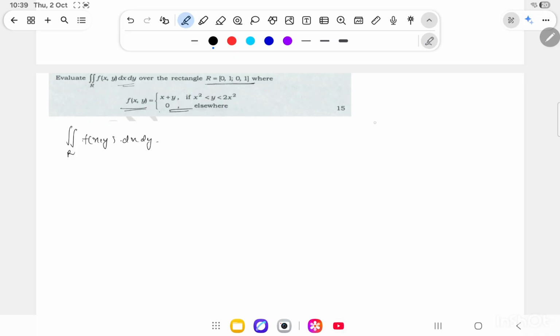So first let's see what will be the region over which we are supposed to integrate. Region R is x varying from 0 to 1 and, okay, so this is basically the required rectangle.